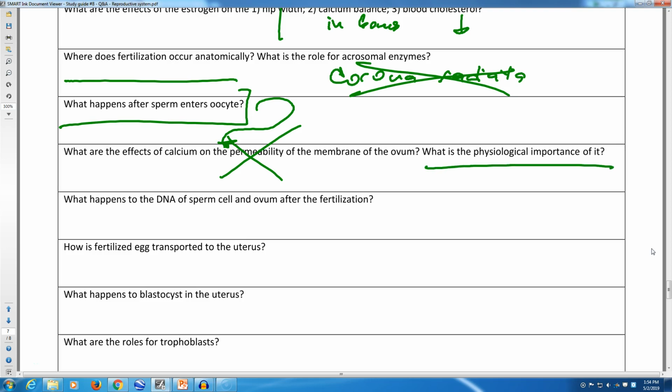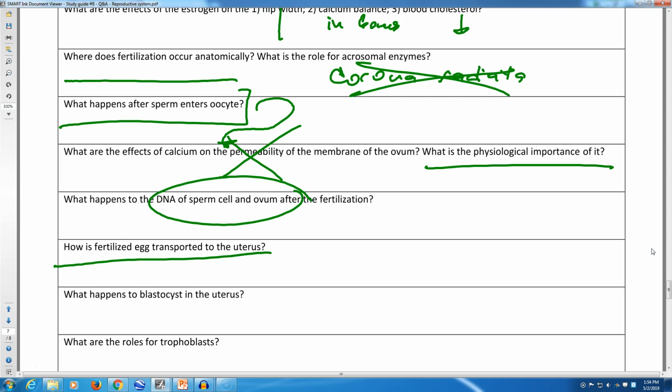Physiological importance: so no other spermatozoa can enter the ovum. DNA of sperm cell and ovum mix, forming a diploid cell.